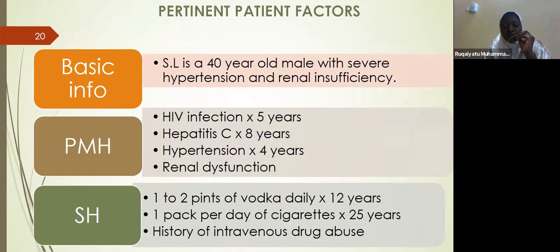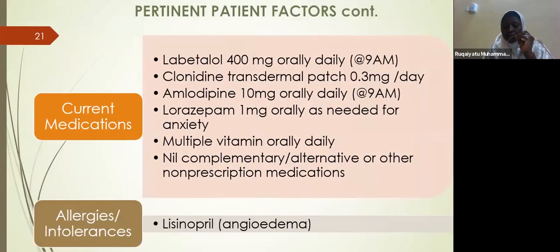His social history: he takes 1 to 2 pints of vodka daily for the past 12 years. He has smoked 1 pack of cigarettes a day for 25 years, and also has a history of intravenous drug abuse. This is very important because sometimes from the patient information you could link up to why the query is coming up, to synthesize a response entirely.